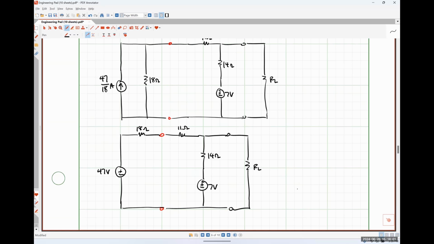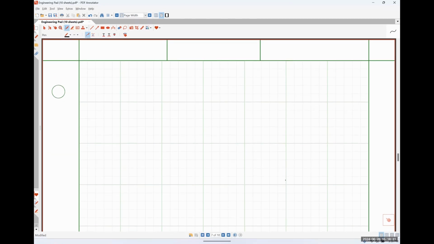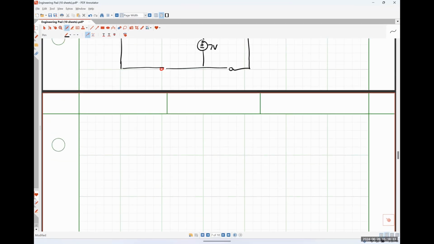As I mentioned a moment ago, I have 18 in series with 11, so let's make that a single 29 ohm resistance. What I have now is effectively a practical voltage source in parallel with another practical voltage source. If I convert both into practical current sources, I'll be able to combine the current sources and combine the resistances. So let me make this work this way.